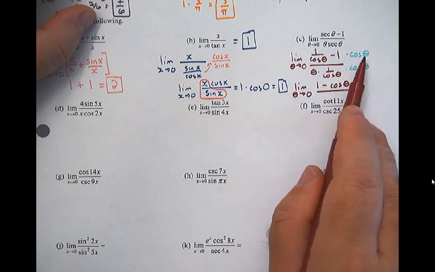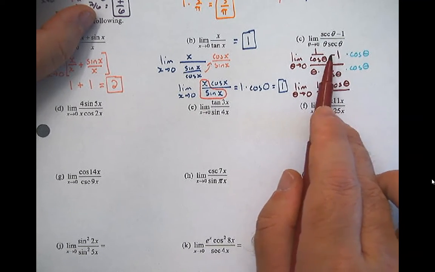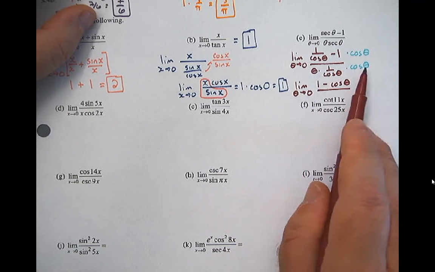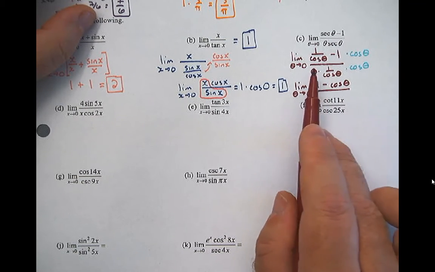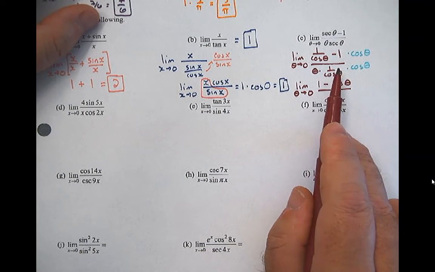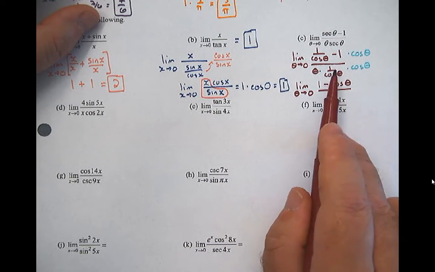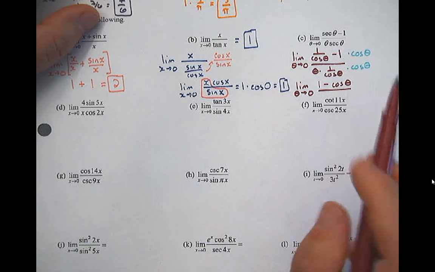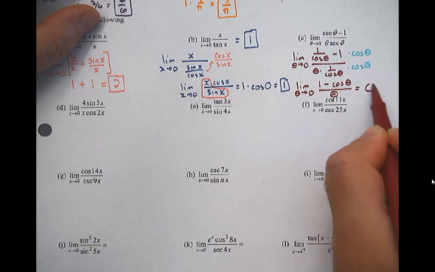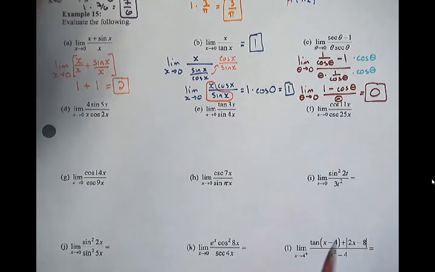Like I had to distribute this up here because this is added, subtracted. Down here, I just multiply. I can multiply it by either one of these because of the associative property of multiplication. So I'm going to multiply these two together. 1 over cosine times cosine is 1. So I'm just left with theta. And then this becomes our technique, the thing that we're supposed to memorize and be able to recognize.